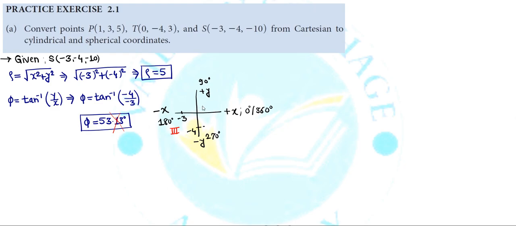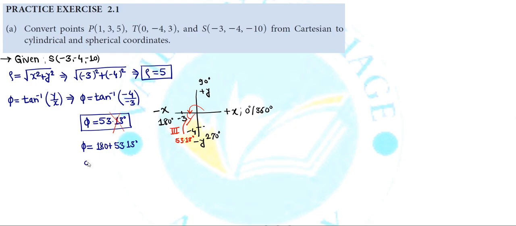This total of 180 degrees plus somewhere over here, which is what? That value we have to be 53.13. So what will be your final phi? So your final phi will be 180 degrees plus 53.13.